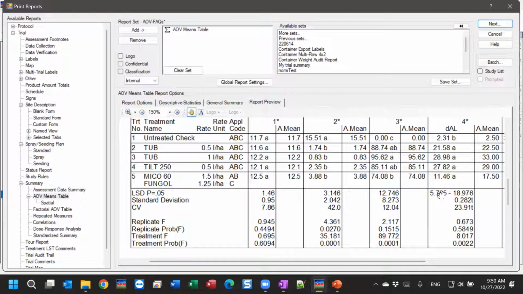It's a little bit clunky to use, but statistically correct. That is the reason for the range: you can't use just one value because those comparisons are actually done on a different data set, the transformed data set.